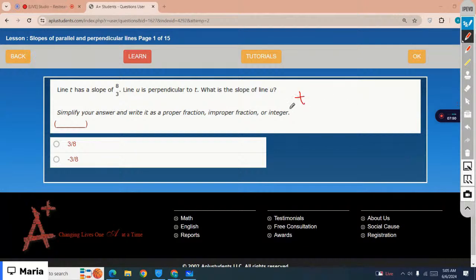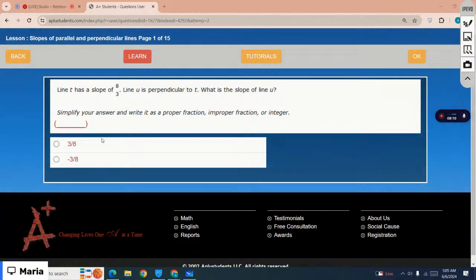The slope of line T is 8/3, so the slope of line U is the negative reciprocal. 3/8 is the reciprocal, and you need to put a negative sign. That would be -3/8, negative 3 over 8. Option 2 is the correct option. Got it?